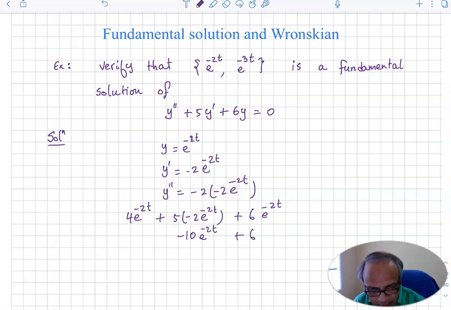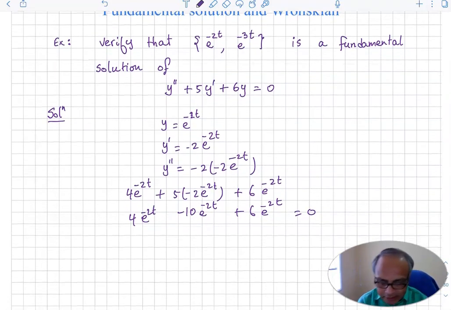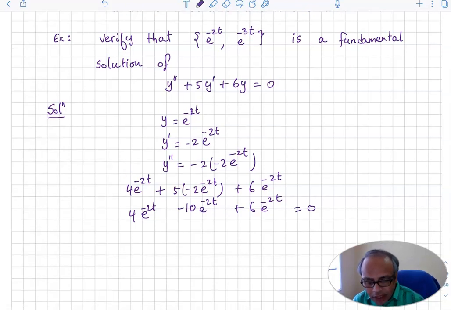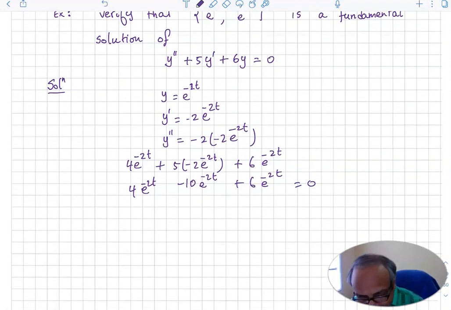The last term is 6 e to the minus 2t, and the first term is 4 e to the minus 2t. I see that this equals 0. 4 plus 6 is 10, and then you have negative 10, so that cancels out. So e to the power negative 2t is a solution.